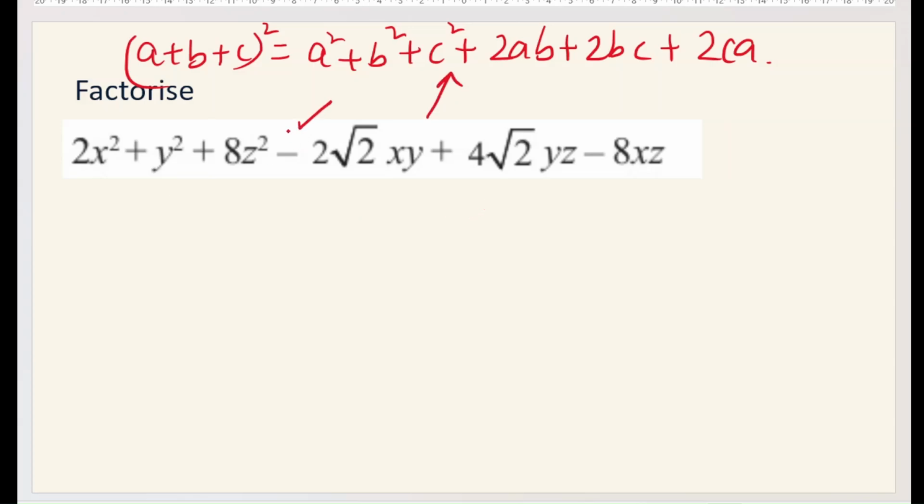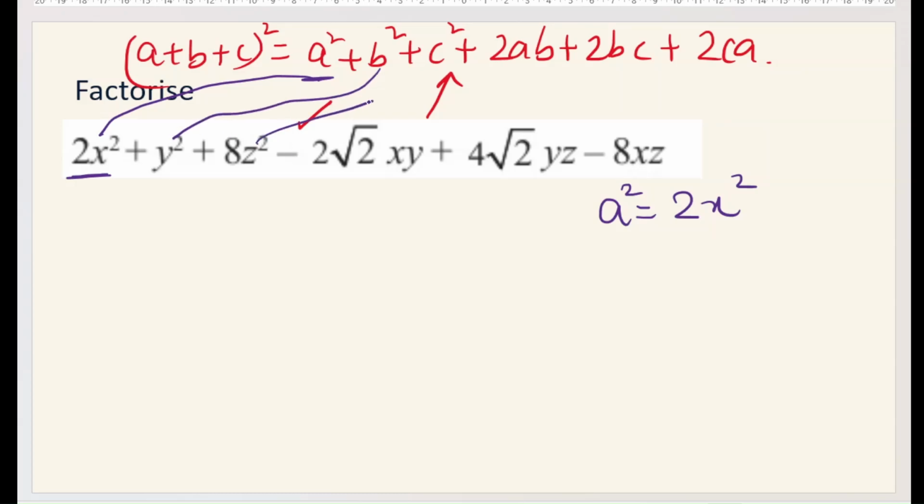The first thing you want is A square. If I compare both of them, then A square is equal to 2x square, B square is equal to y square, C square is equal to 8z square.